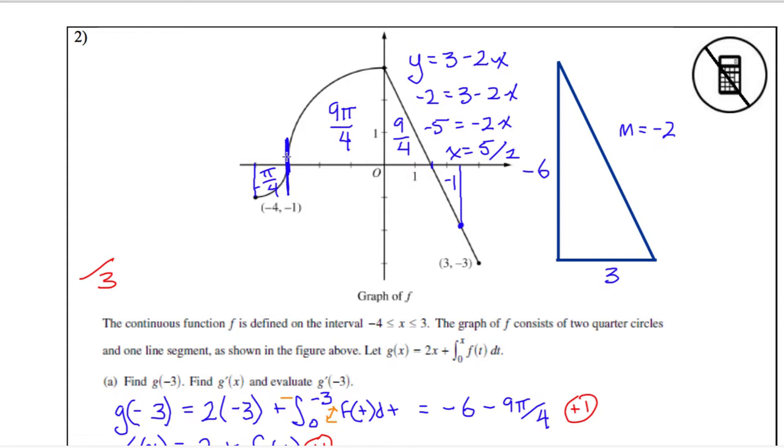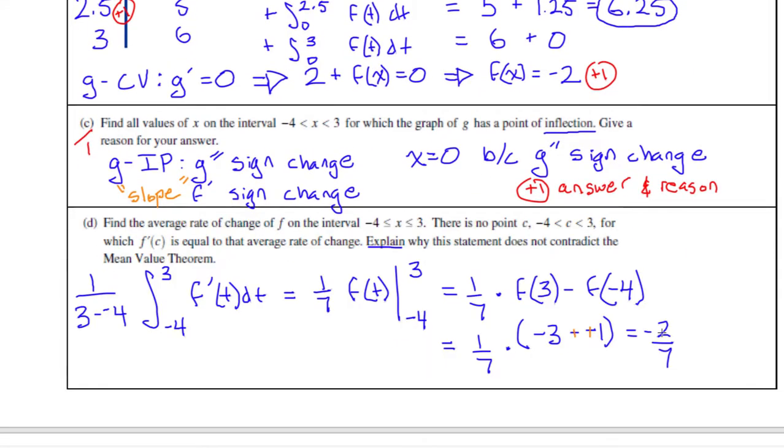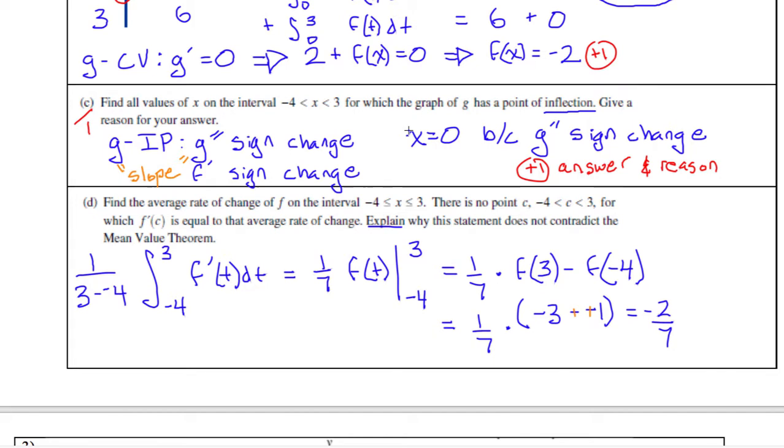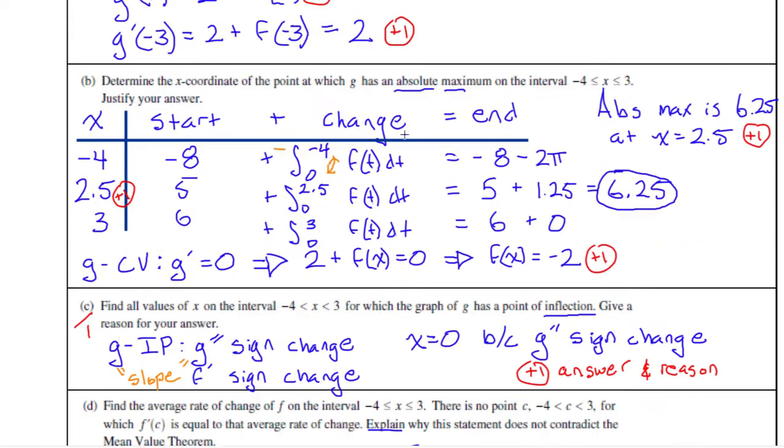Sharp points, sharp corners. Where is there a sharp corner? We have a vertical tangent, but we also have a sharp corner up where x equals 0. Yes. If you have either of those two things, you are not allowed to use mean value theorem, because mean value theorem states that you should have this average slope somewhere between -4 and 3.